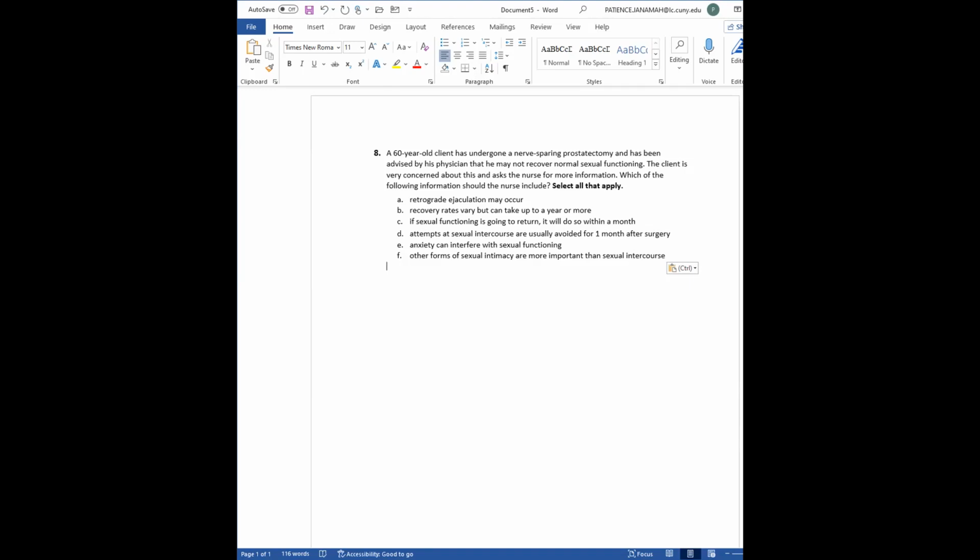With the post-operative complications of prostatectomy, what is likely to happen after a prostate operation? There might be retrograde ejaculation. It could take time to recover, up to a year.